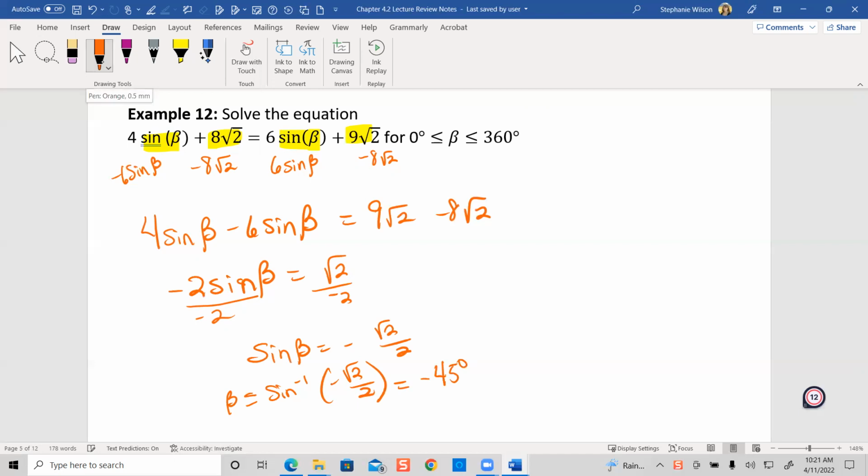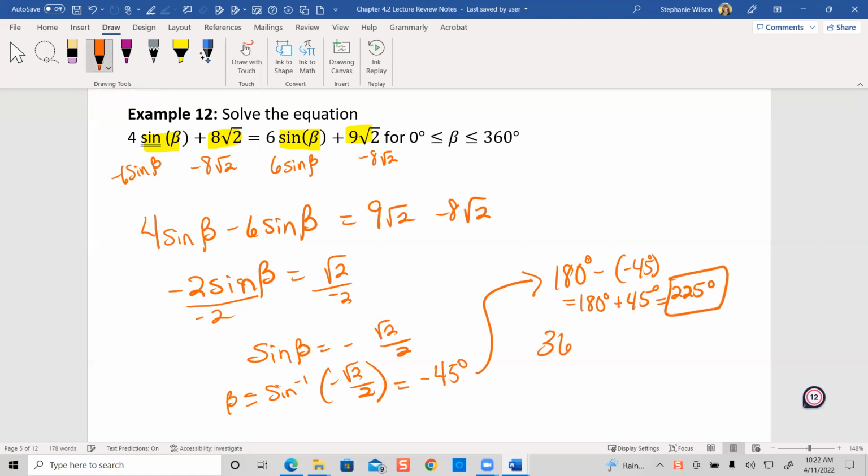So now that I know that, I can take 180 degrees and subtract that negative 45 degrees, which means 180 plus 45, which is 225 degrees. So that's one answer. And then I'm going to take 360 degrees and subtract the 45. I get 315 degrees. So I get 2 answers there, and that's it. So just basically read the instructions.